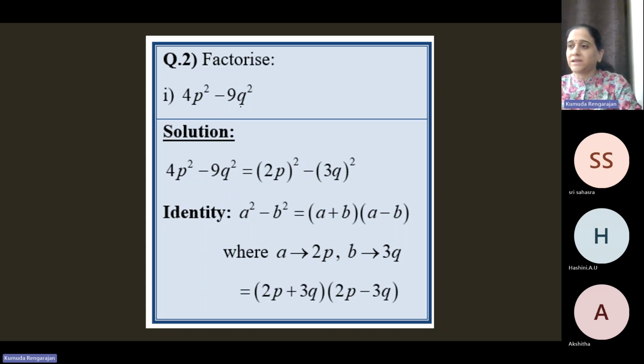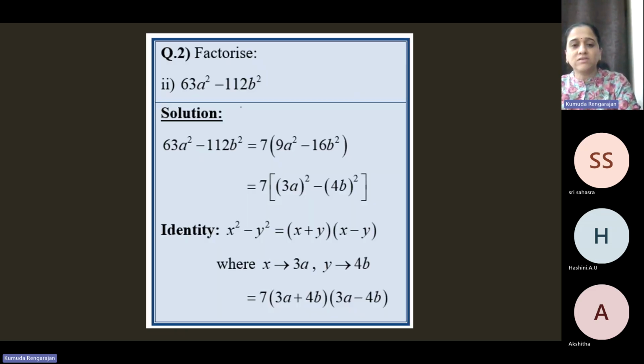So we directly apply the identity. Whereas in the second one, the HCF of 63 and 112 is 7. So you need to first take out the common factor, which is the HCF. So 7 into 9a squared is 63a squared and 7 into 16b squared is 112b squared.